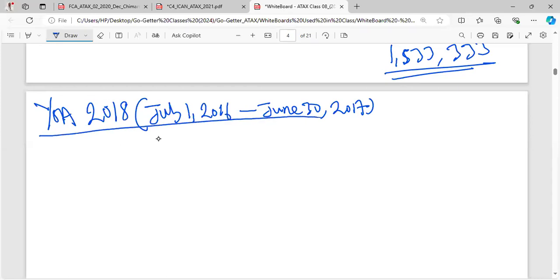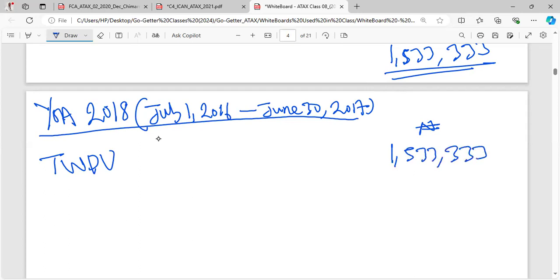And that's your basis period. You will start with the tax written down value, which is 1,533,333. That's the tax written down value for the year.